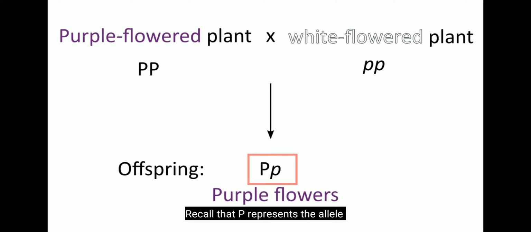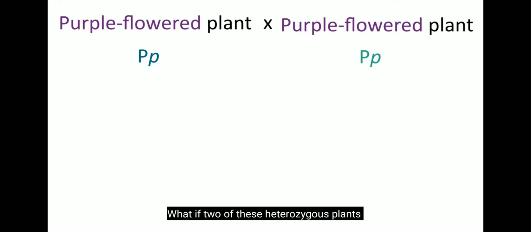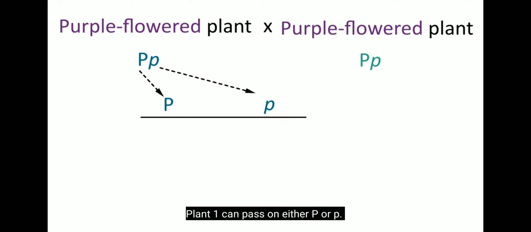Recall that capital P represents the allele for the dominant phenotype. The heterozygous offspring express the dominant phenotype and have purple flowers. What if two of these heterozygous plants produce offspring? Plant 1 can pass on either capital P or lowercase p.